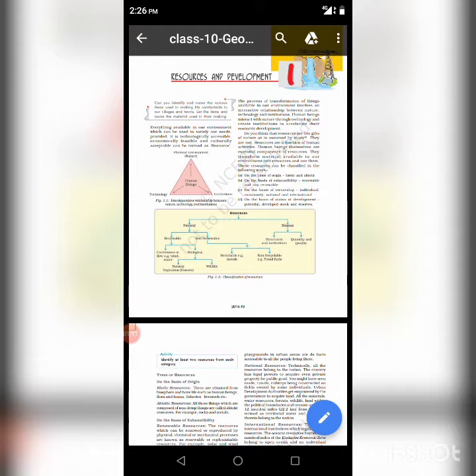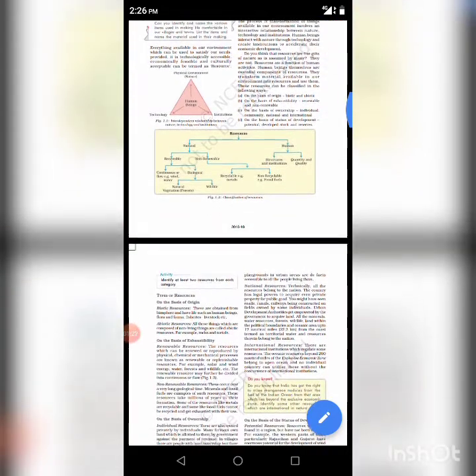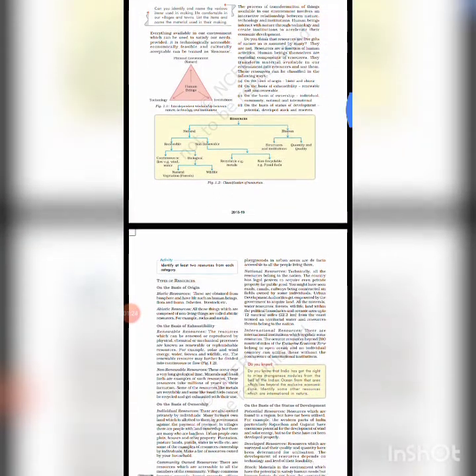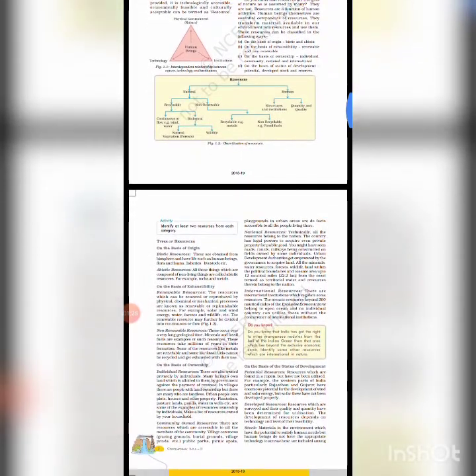Then, classification of resources. Resources can be classified in the following ways. Number 1, on the basis of their origin, whether biotic or abiotic. Number 2, on the basis of their exhaustibility, renewable and non-renewable.